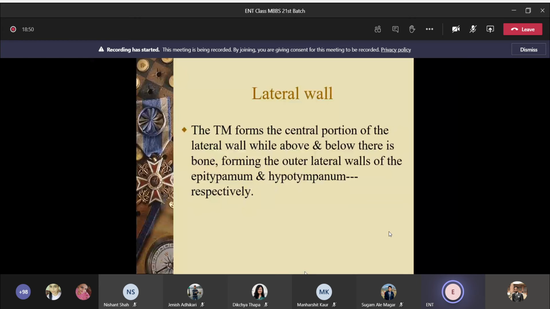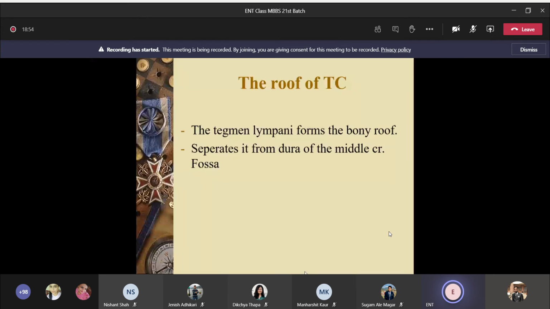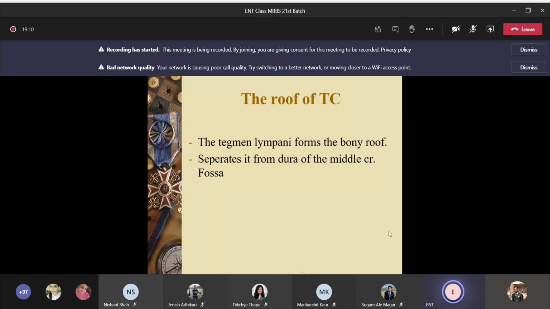Now, the roof is formed by the tegmen tympani, which is a bone, and this bone separates the air space from the dura and the brain. It is continuous with the middle cranial fossa, and it separates the middle cranial fossa and the epitympanum.